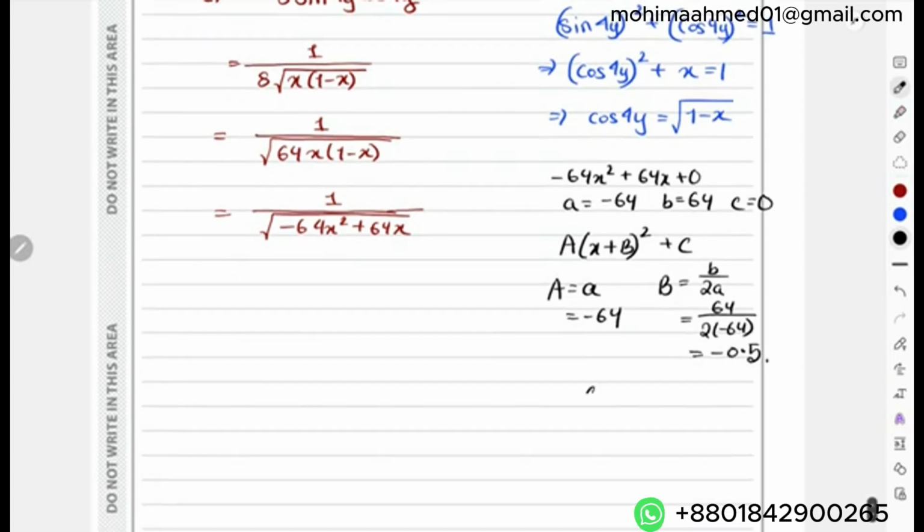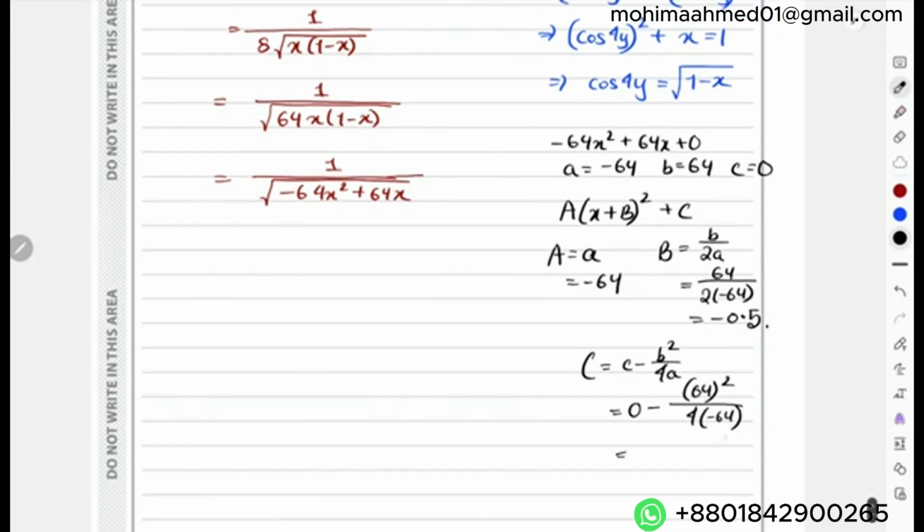And then again for the formula for capital C, it's going to be c minus b square by 4a. C was 0 minus b square was 64 square over 4a was negative 64. So over there you also end up with like 16. And finally, if you input these values over there into the equation, it will look like they have actually kept the equation in the C minus a x plus b whole square format.